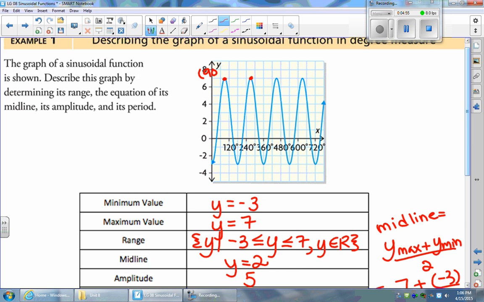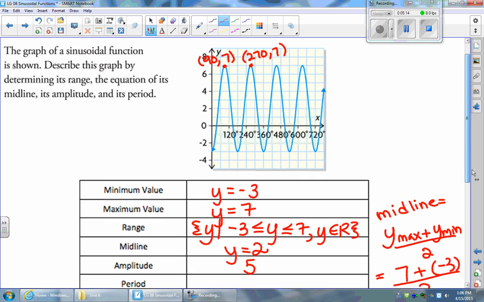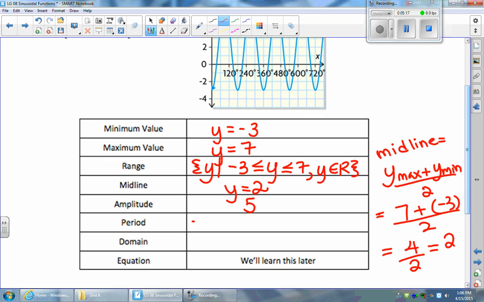So this one is 90 and 7, and our second maximum point is at 270 and 7. Okay, and then to find our period, what we're going to do is we're going to subtract our x2 maximum, so our second x maximum, and then take that and subtract our first x maximum. So in this case, we would do 270 minus 90, and the period is 180 degrees.